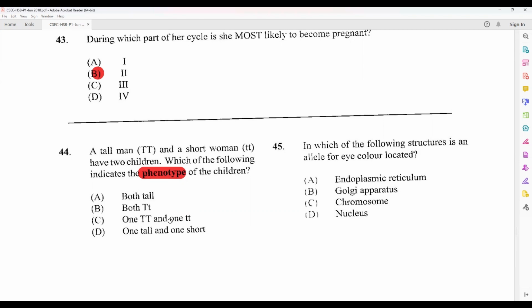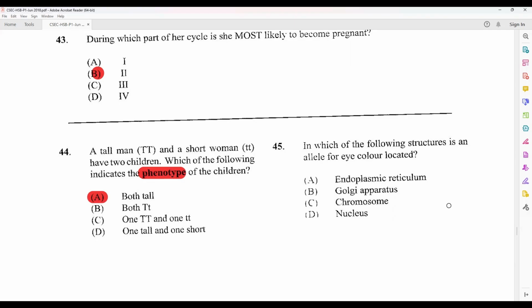No, this cross will not work out like that. One tall and one short? No, will not work out like that. Both tall, because the tall man has the dominant allele. They ask for the phenotype, so A is the answer.